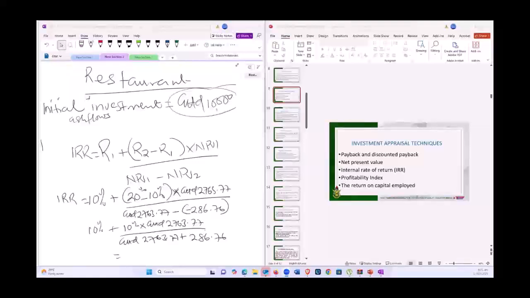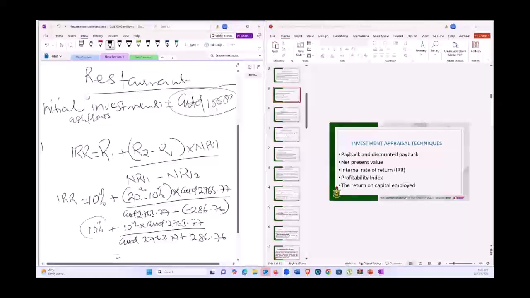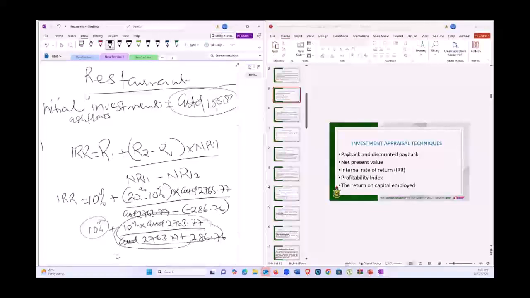So have you added it to the R1? No, I don't think so. Please do it again, because the R1 is 10% already. You are summarizing this term, and you are supposed to add it to the 10. So the answer cannot be what you are calling.